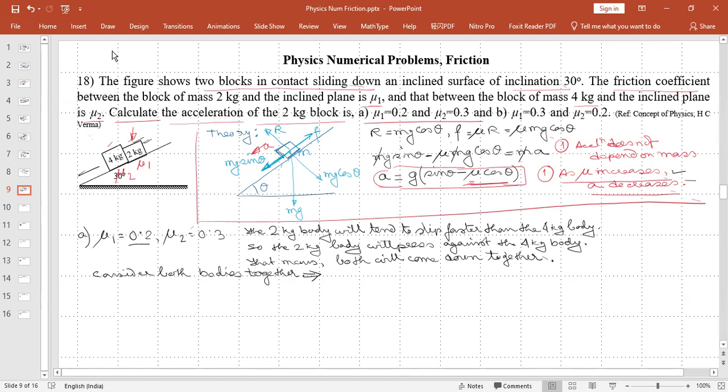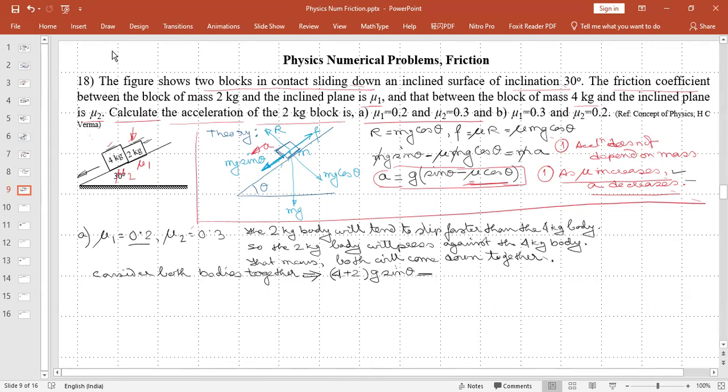Then downward force will be 4g sine theta plus 2g sine theta. That means 6g sine theta. That means we can write downward force is 4 plus 2 multiplied by g sine theta.